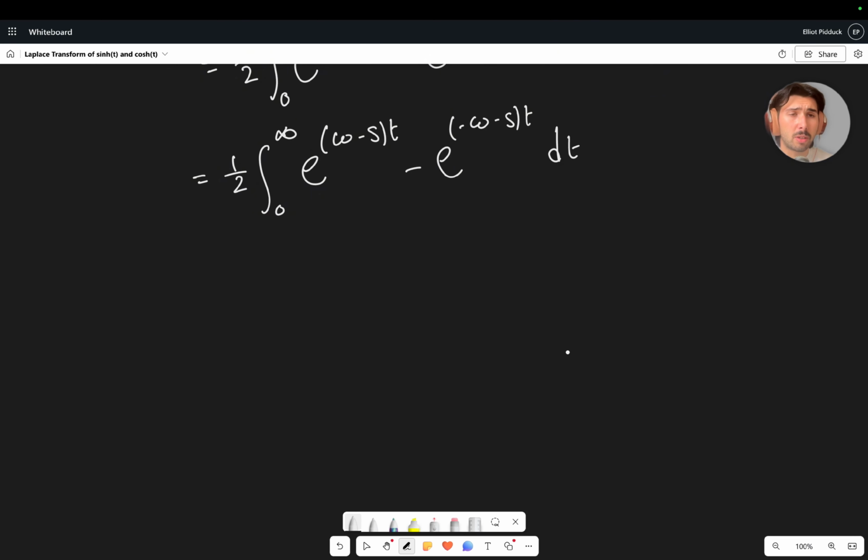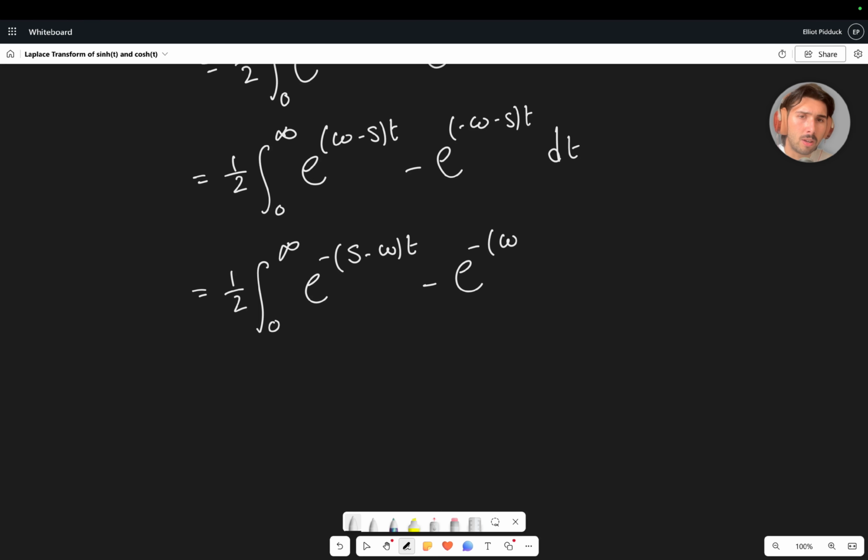And actually, I'm going to do one more thing. I'm going to take a minus to the outside of both of those brackets. This is just a personal preference of mine, but I think it's going to make it easier. So I'm going to do a minus on the outside, which means really I need to have s minus omega in the first one, and then minus e, and then I'm just going to factor the minus out here, so omega plus s, t. You'll see why this is nice in just a second.